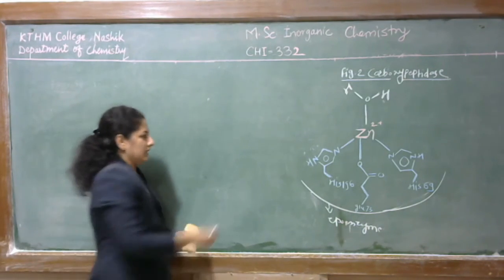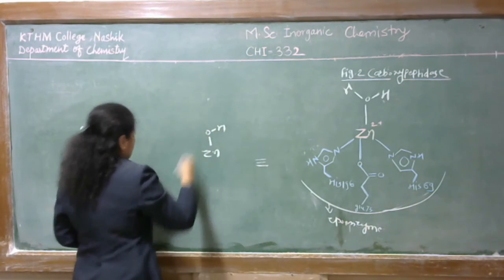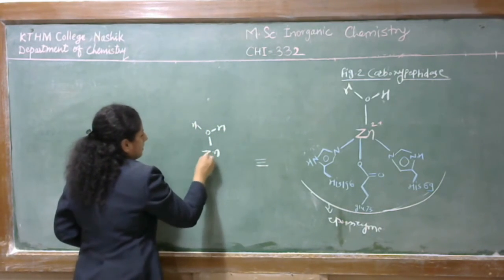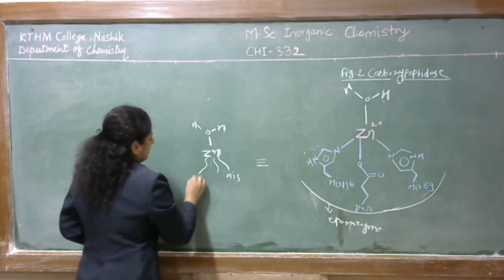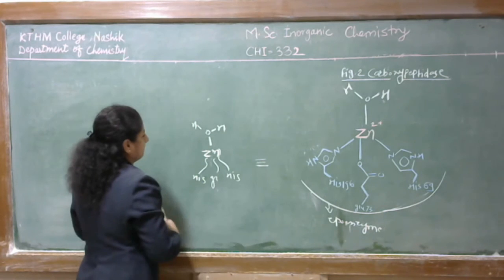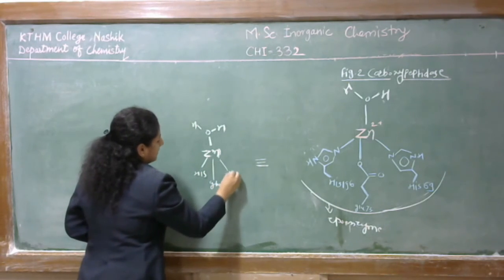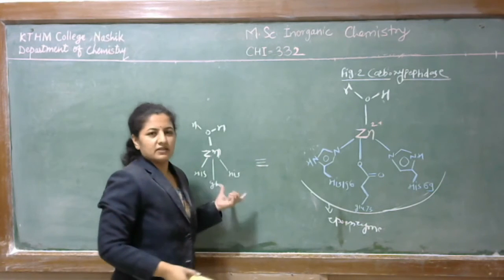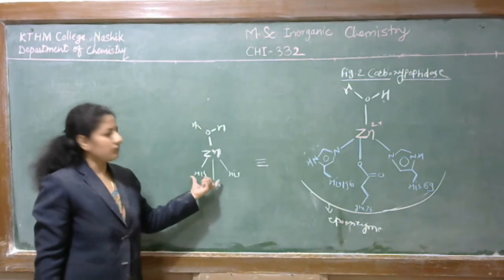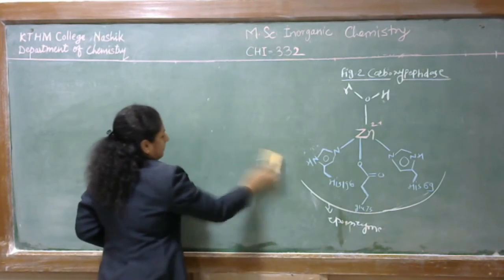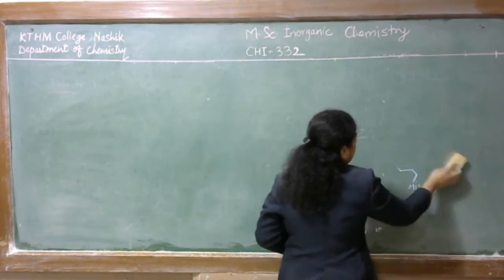Before starting the mechanism, we use a simplified structure showing histidine and glutamic acid. The real structure is very rigid, so for the sake of convenience we use this structure throughout the mechanism.